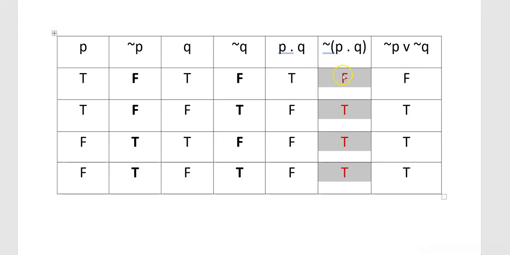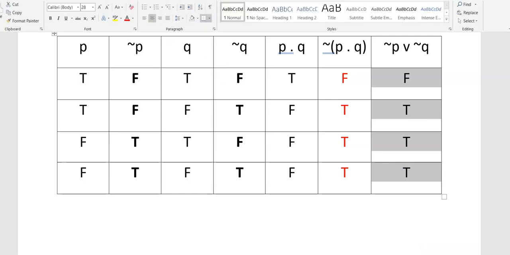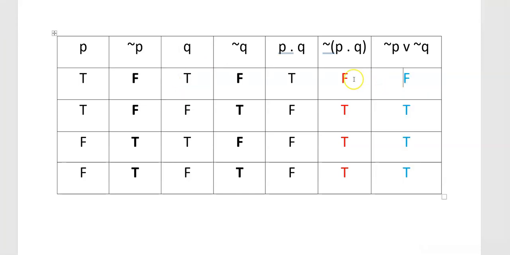The value of the negation of P dot Q, compare it with the value of negation P with negation Q. So look at these last two columns where negation of P dot Q is false, negation P with negation Q is also false, and where it is true, this is also true. So in all the remaining situations, they are true.